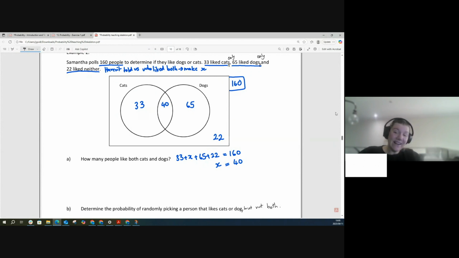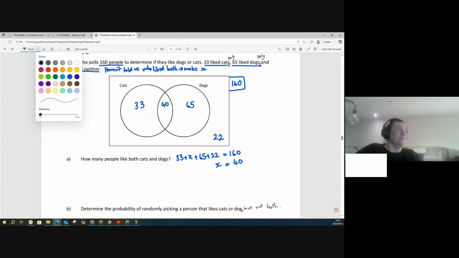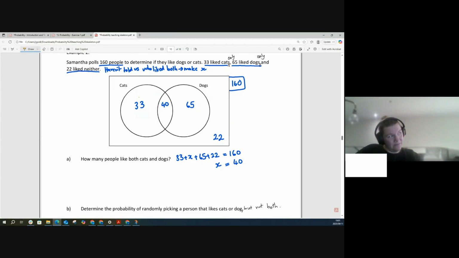So if they like cats or dogs, but not both, we've got these people, they like cats. These people, they like dogs, but these people like both, and these people like neither.